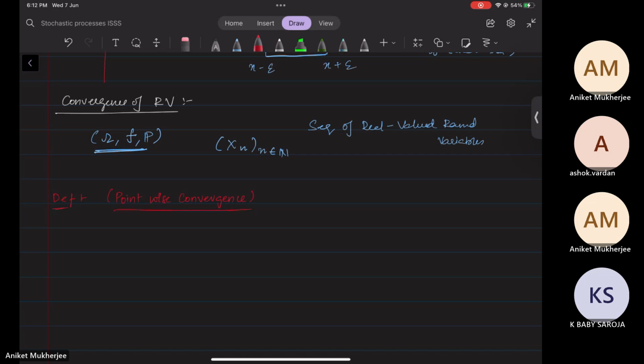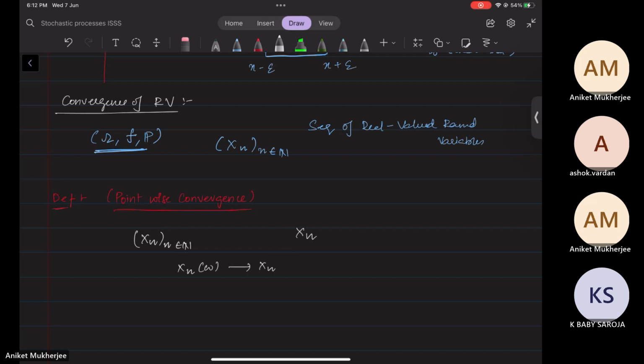So in pointwise convergence, first you have a sequence of random variables. Okay, I'll write down the notion.